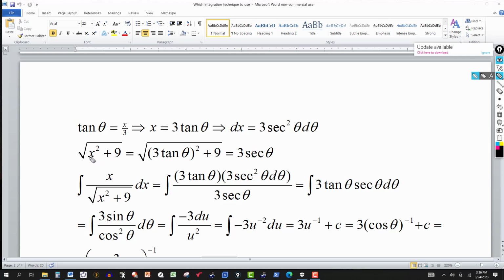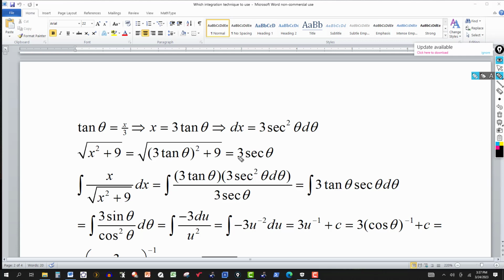And then for this radical, I have the square root of x squared plus 9. But the x is 3 tangent theta from the substitution we just did, and that's squared plus 9. So notice here, 3 squared is 9, tangent squared is tangent squared, so that'd be 9 tangent squared theta plus 9. Here I factored out the 9 from this radicand.